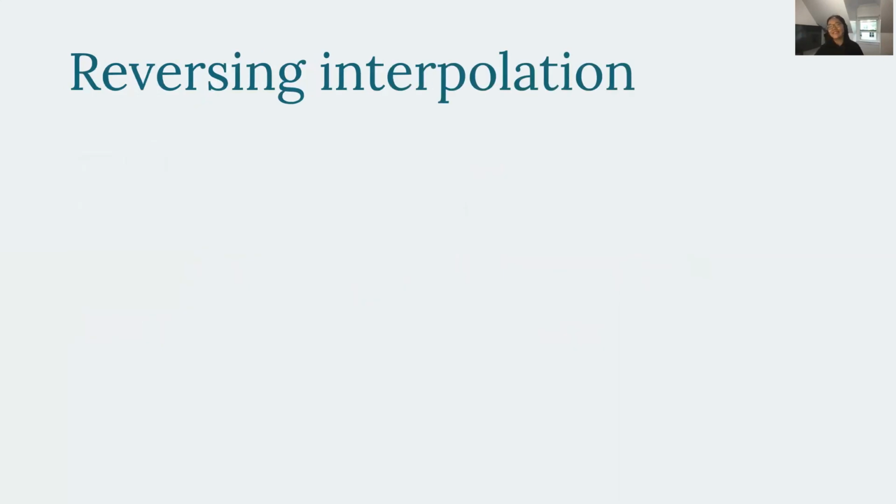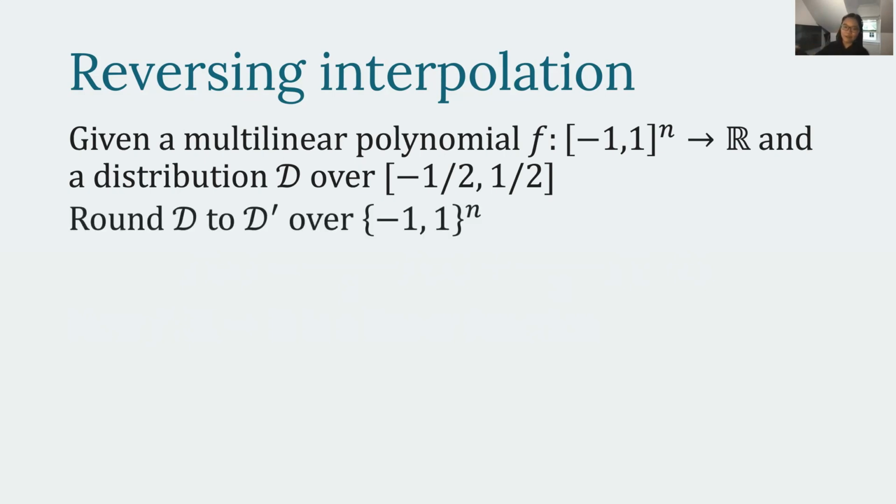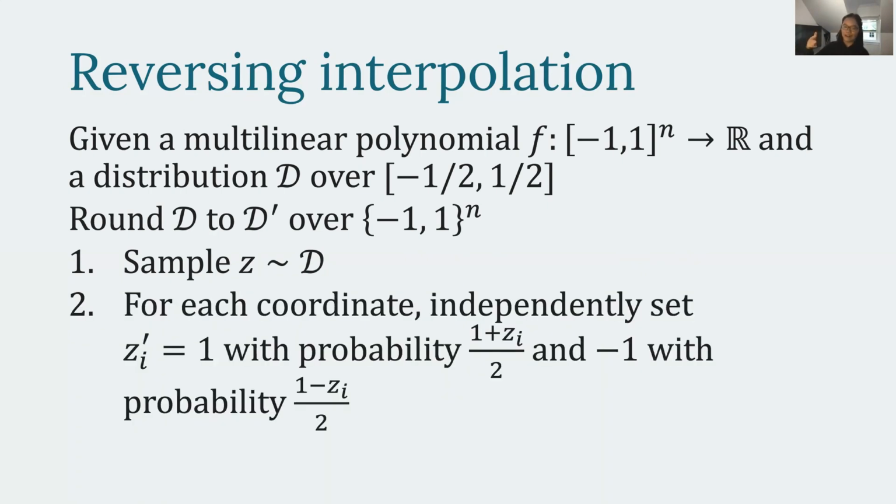This interpolation can also be reversed. If I have a multilinear polynomial that goes from {-1, 1}^n to R, and a distribution that I want to feed into it, I can do a rounding trick. If I actually wanted my distribution to be over bit strings, I can sample something from my original distribution and do a rounding step where for each coordinate I take the z_i and set it to +1 with some probability and -1 with some probability.